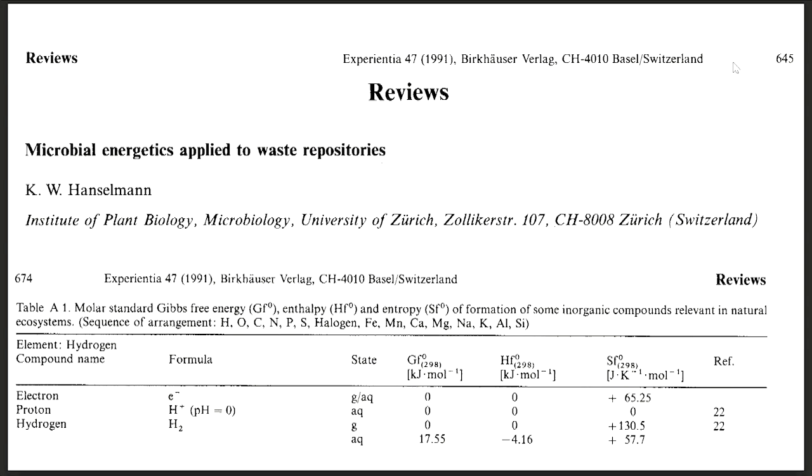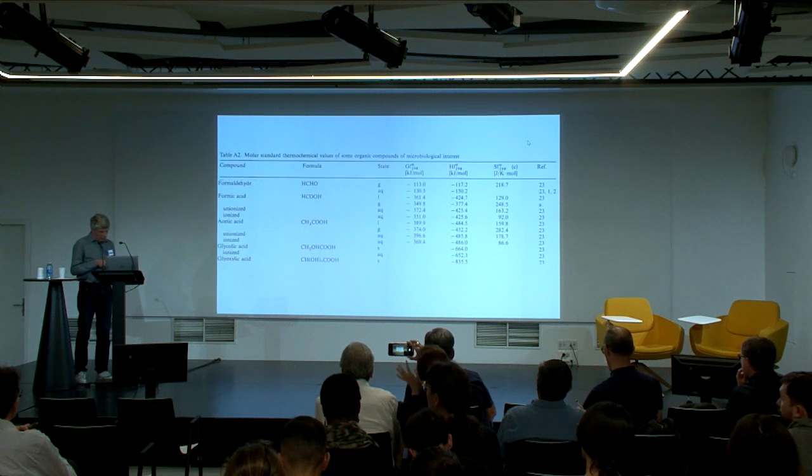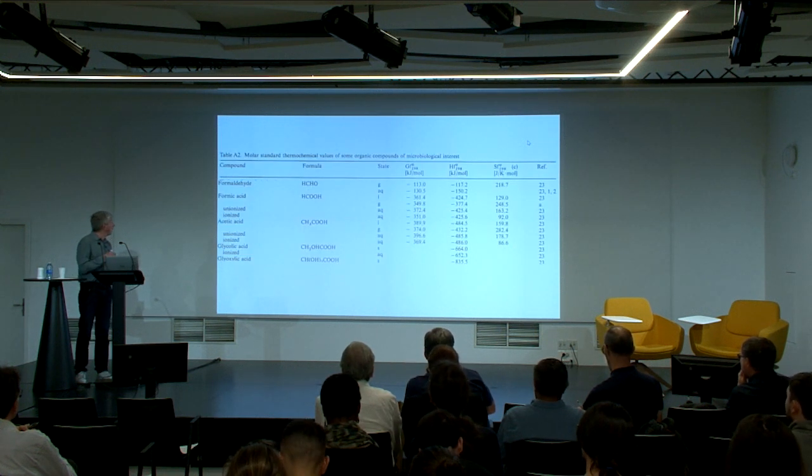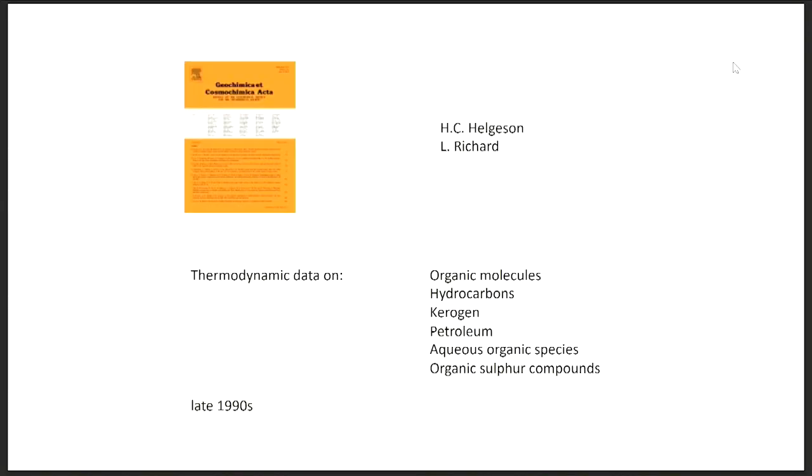But in this other review, which I like a lot as well, he gives also the delta H values, so not only delta G, but also delta H. In this review, the more common compounds are all listed.